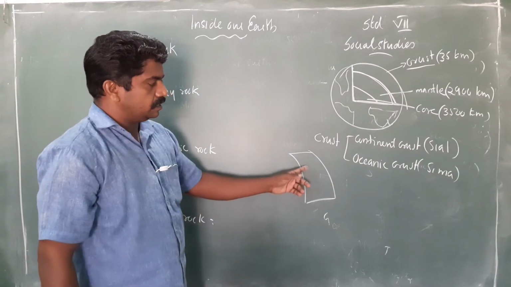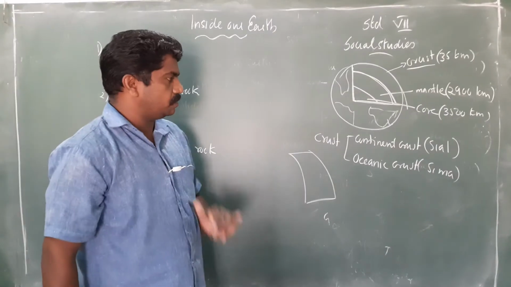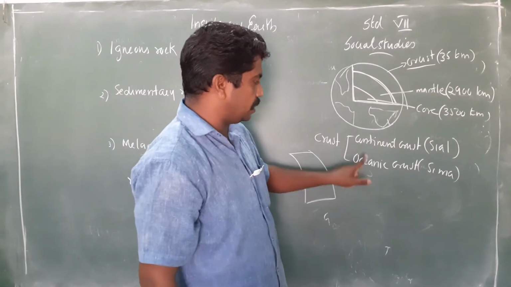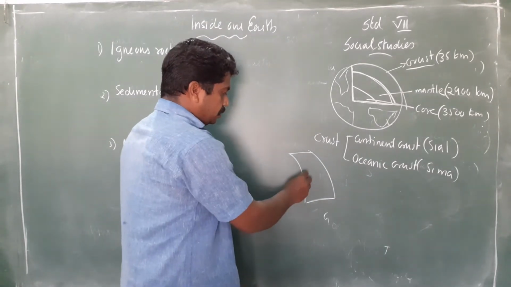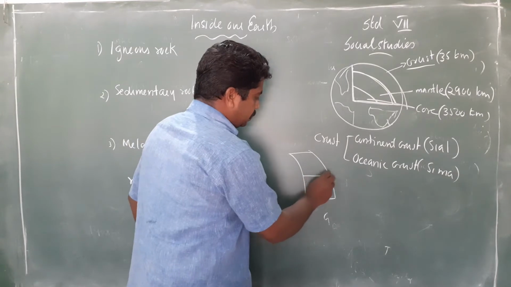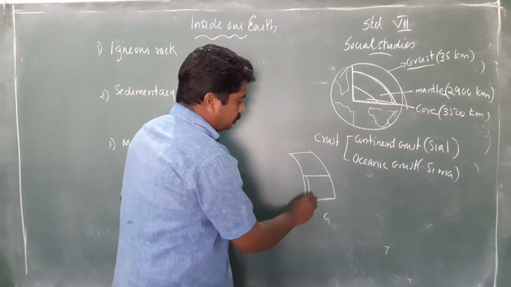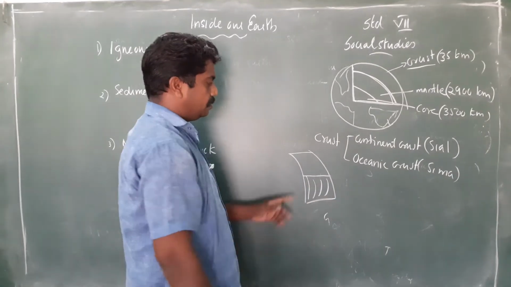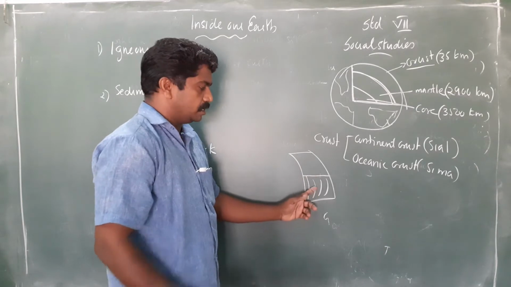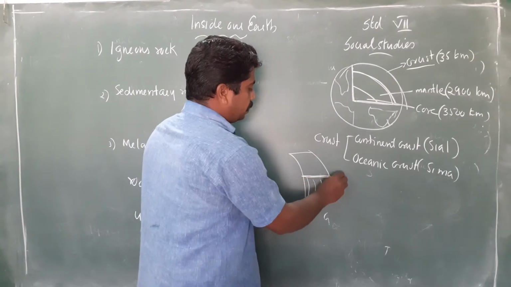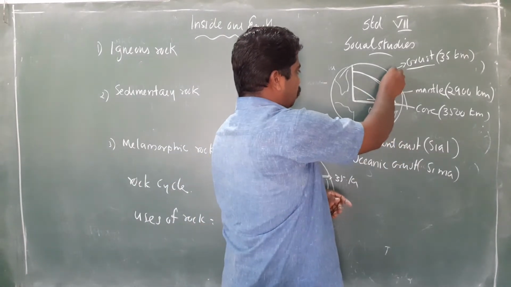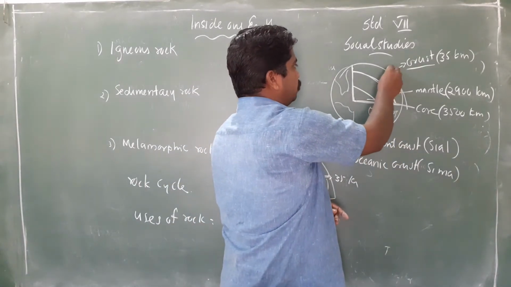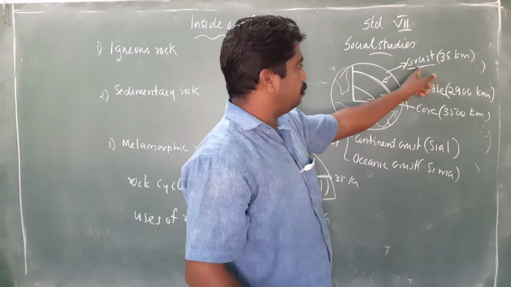There are two types of crust: continental crust and oceanic crust. Continental crust means land, and then oceanic crust is under the ocean. The total thickness is 35 km. If you dig here up to 35 km, that is our crust.